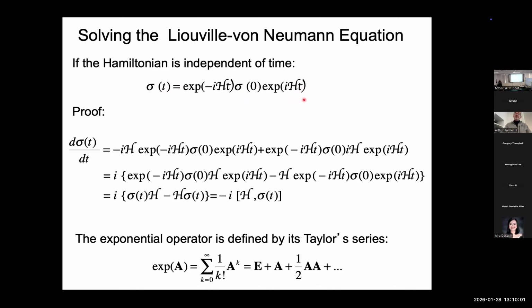And our goal then, at least for a while, is going to be to find a transformation that makes the Hamiltonian independent of time. And for solution NMR, that's going to be the rotating frame transformation.